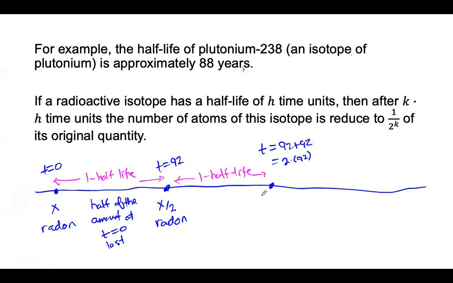You began with x divided by 2, so half of this is lost, and we have x divided by 4.